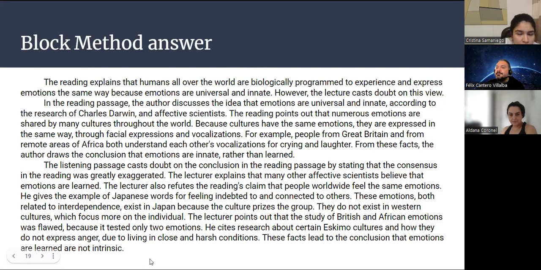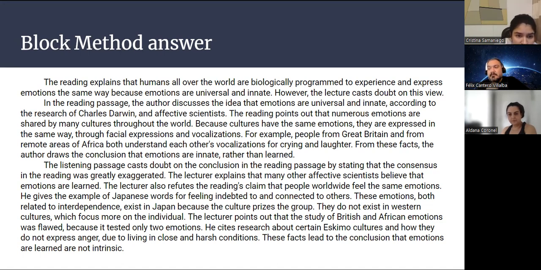Okay, teacher. The listening passage casts doubt on the conclusion in the reading passage by stating that the consensus in the reading was greatly exaggerated. The lecturer explains that many other affective scientists believe that emotions are learned.